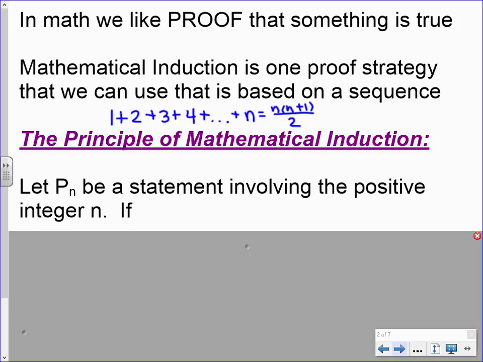So I'm going to tell you the process of what we will do, and then I'm going to go into some detail explaining why it is logical for us to take these steps.